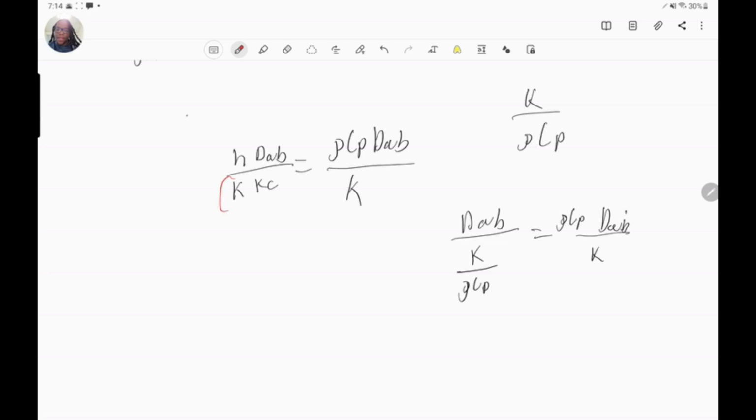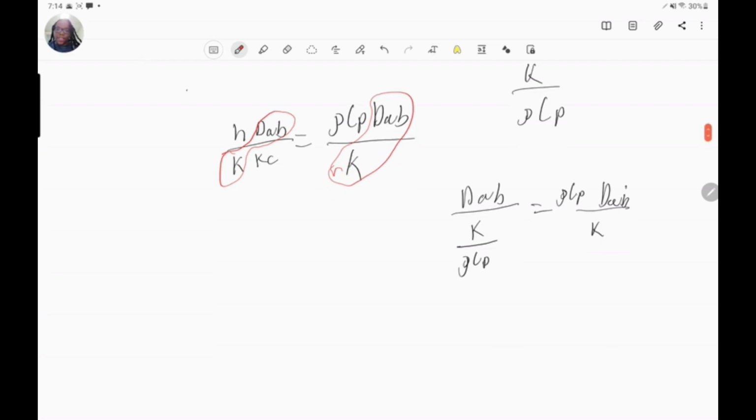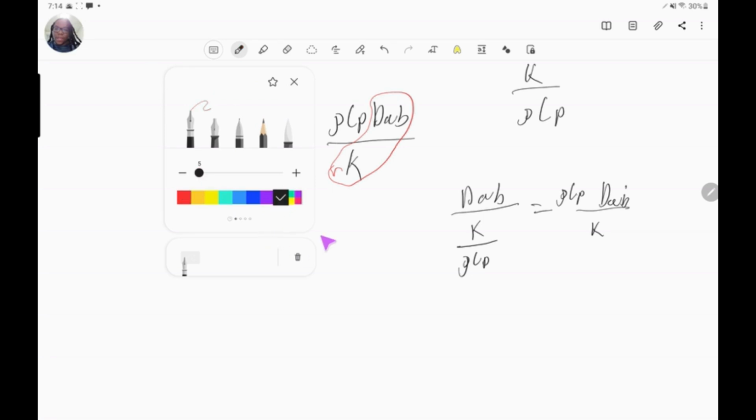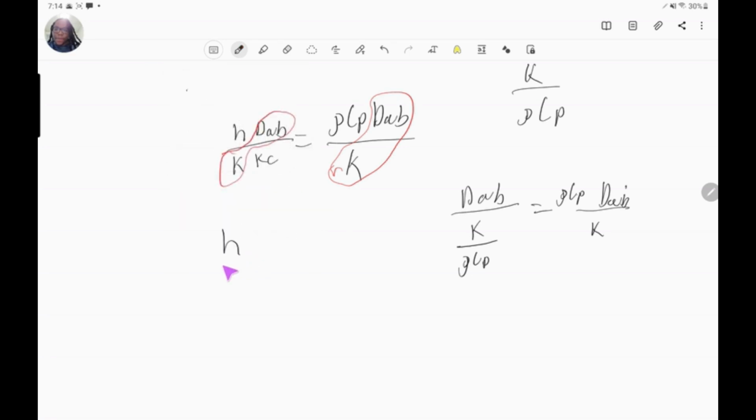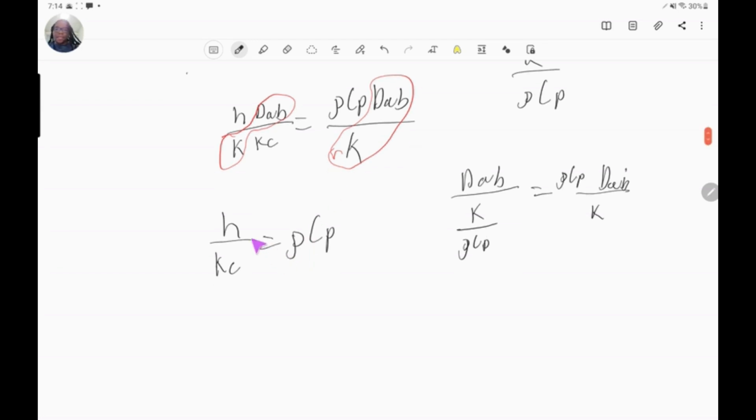Specifically, our K and DAB are in both equations, so they will cancel out, and that'll leave us with our heat transfer coefficient over our mass transfer coefficient is equal to our density times our specific heat. And we'll find that this is our Lewis relation.